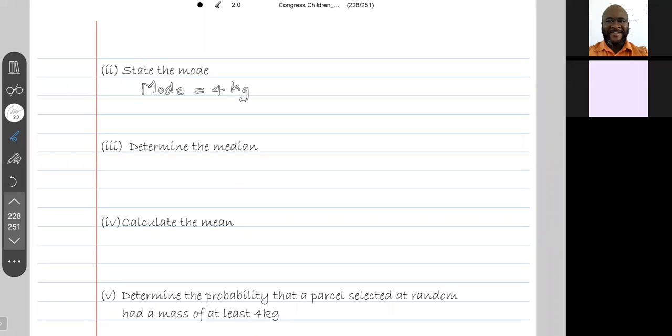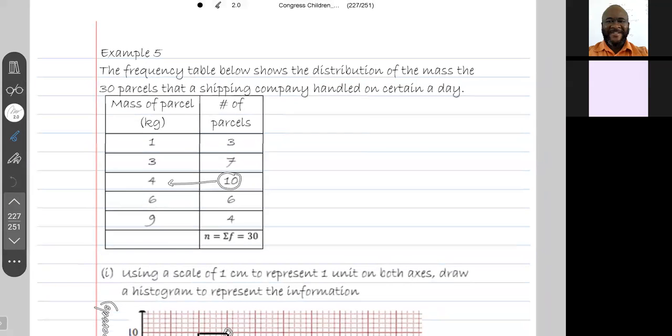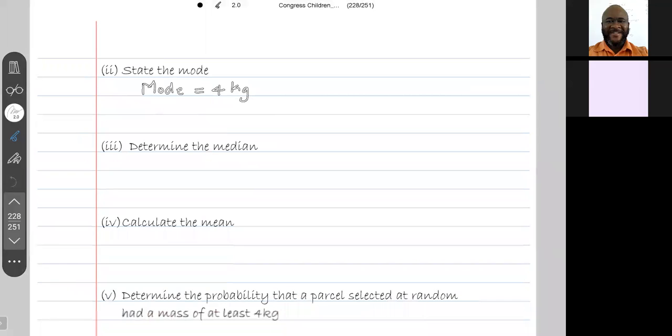Guys, remember the median. How many values? This is 30. So the median is value n plus 1 over 2. So n is 30, plus 1 over 2.